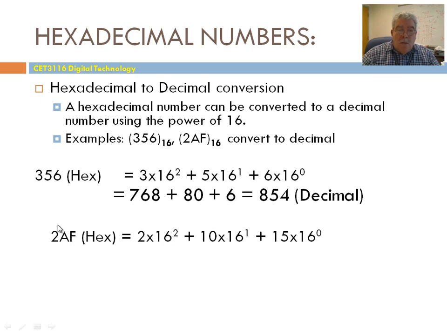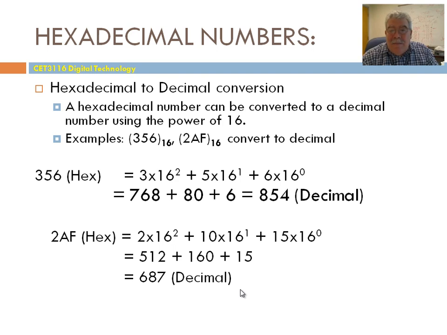Remember, each one of the hexadecimal digits has its equivalent number in decimal. That's the one that we're going to be using for the calculation. So this is simply doing all the calculations, all the operations.